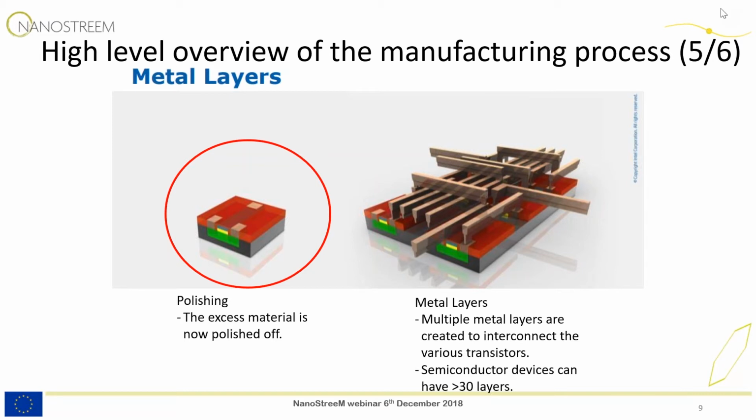And you'll see when we get into a few slides later down the slide deck here, that this is the most critical area within semiconductor manufacturing that utilizes nanomaterials. So we will talk in a lot more detail in a few minutes on that one. And then, as I say, you have metal layers. So a variety of different metal layers are built up in order to create these very, very important interconnects. And as I say, these devices can have in excess of 30 layers.